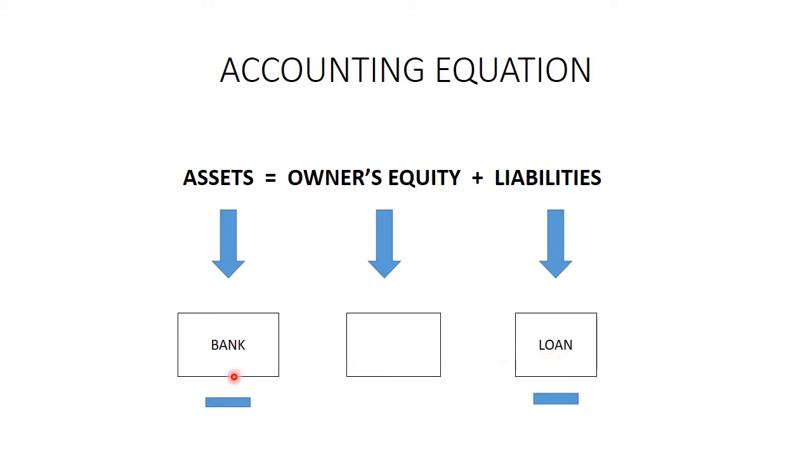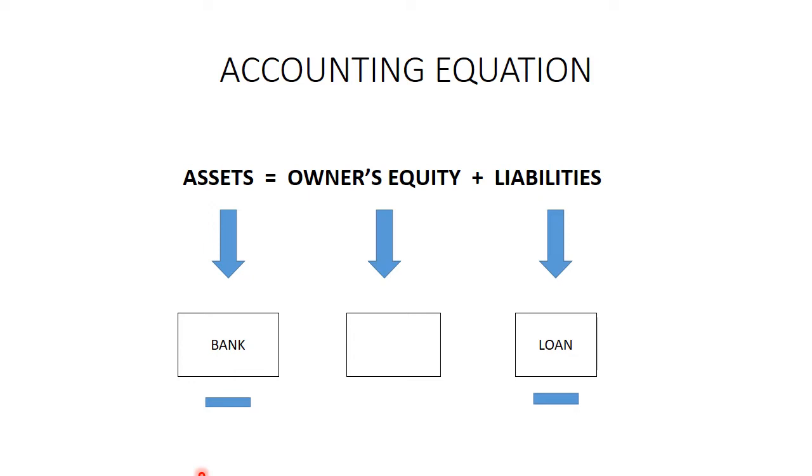So if you are paying off your loan, your assets will decrease, but your loan balance will also decrease, simply because you are now owing less due to the payment that you have made. The journal entry for that will be: you debit your loan account and you credit your bank account.